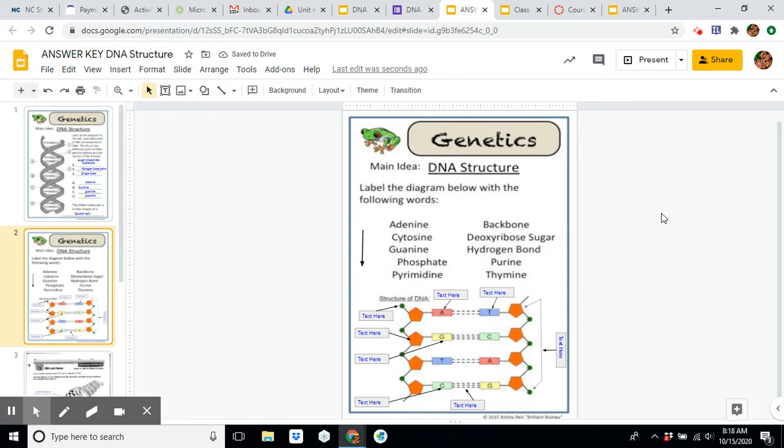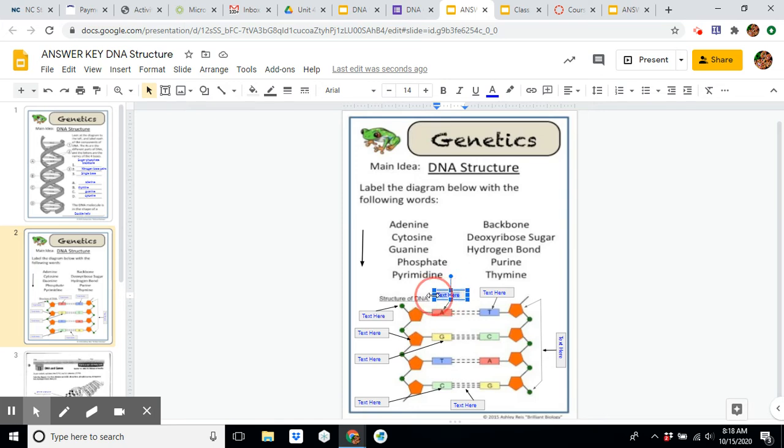We go down to slide 2, same idea, still looking at this DNA structure. We're going to use these words to label, okay? So A, we said, stands for the word adenine, which pairs with a T, which stands for thymine. The little green flags sticking off of this house are a phosphate.